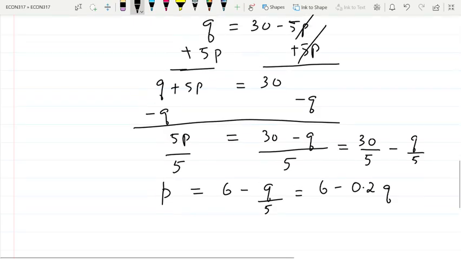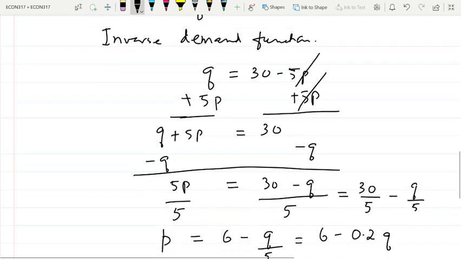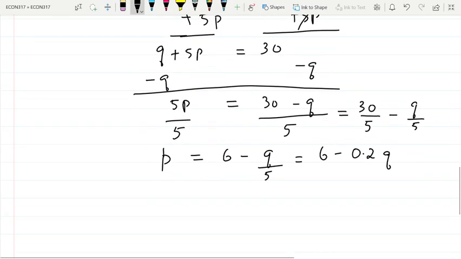So if I am given the demand function Q equal to 30 minus 5P, it is possible to convert it into the inverse demand function. And now you can see the graph for the demand would be a graph for this inverse demand function.